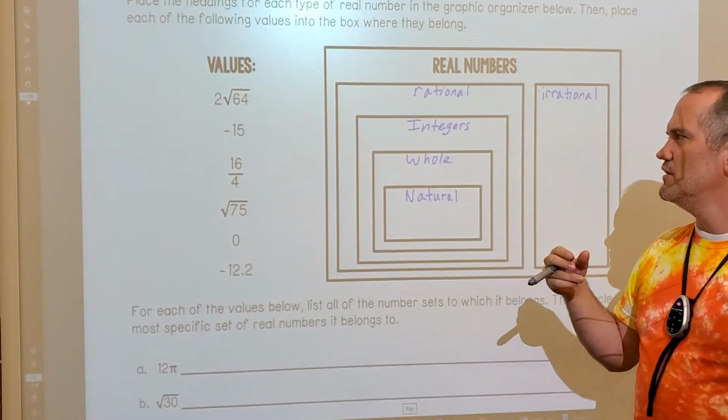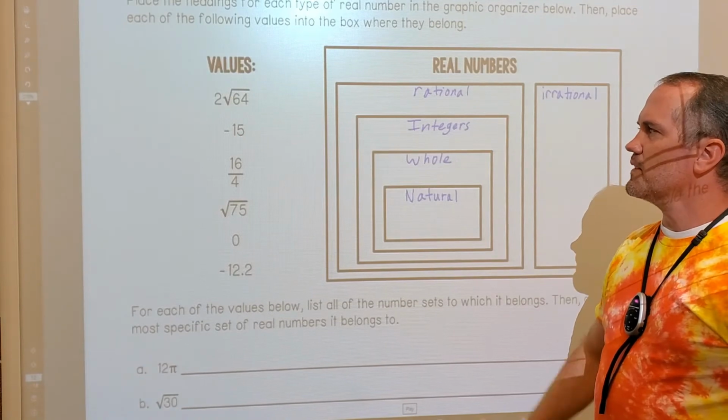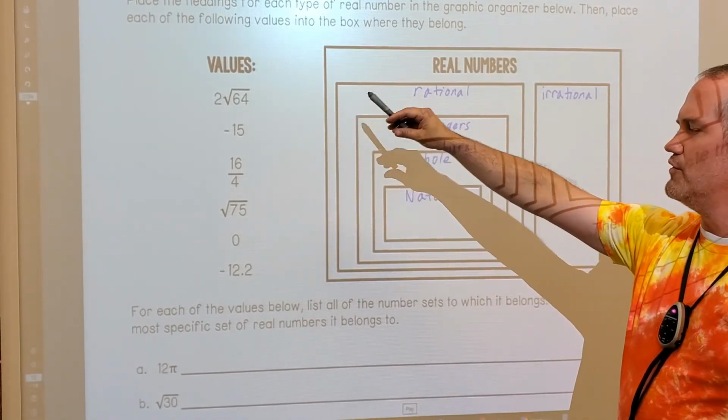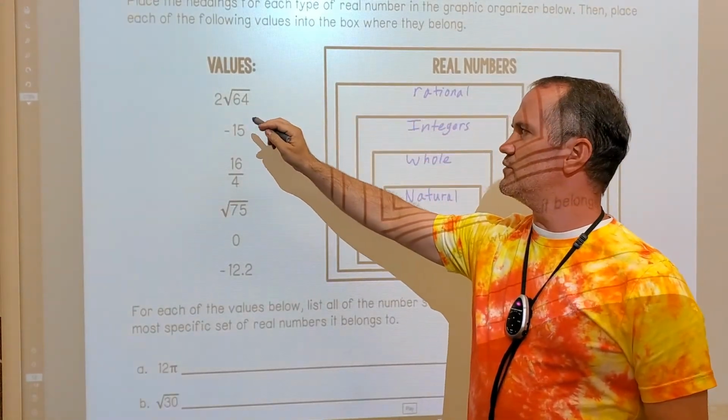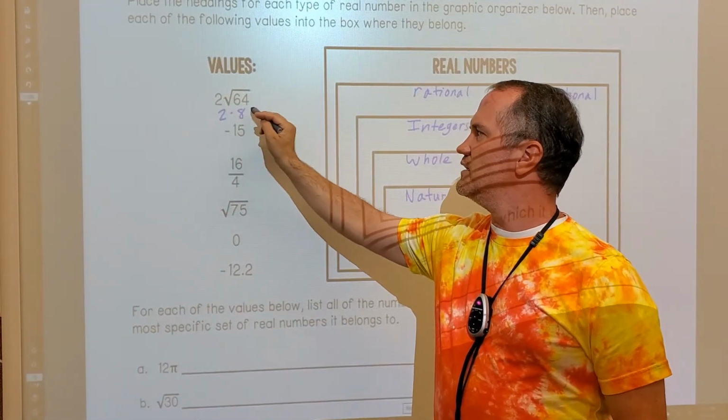So, 2 square roots of 64. Well, let's figure out what that equals. The square root of 64 is 8. 2 times 8 is 16.